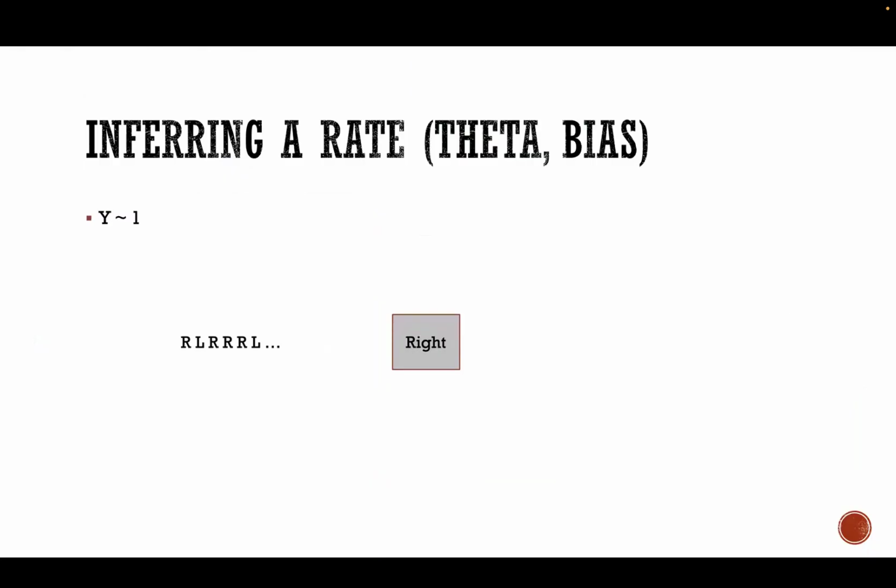So if we want to infer a rate, what we have is a sequence of choices, right, left, right, left, etc. I'm representing that as a square because it's discrete, and I'm shading it because it's an observable. And we assume that that sequence of choices is produced by a binomial process of n of 1, that is a Bernoulli process, with a parameter called rate, which often in the literature is called theta, and sometimes we call bias.